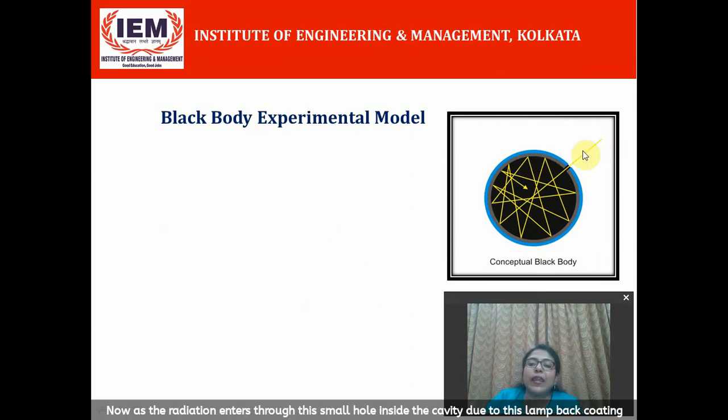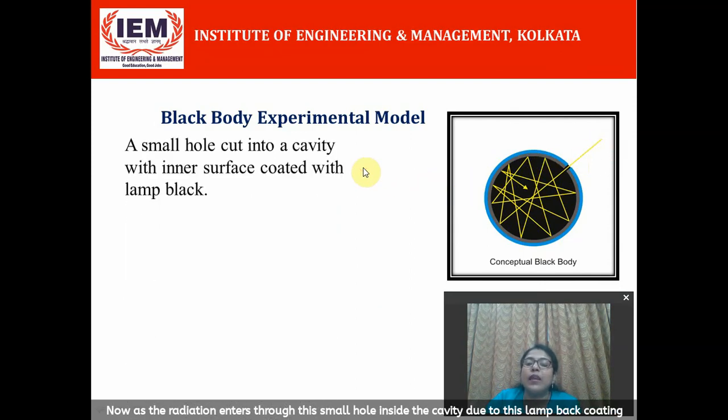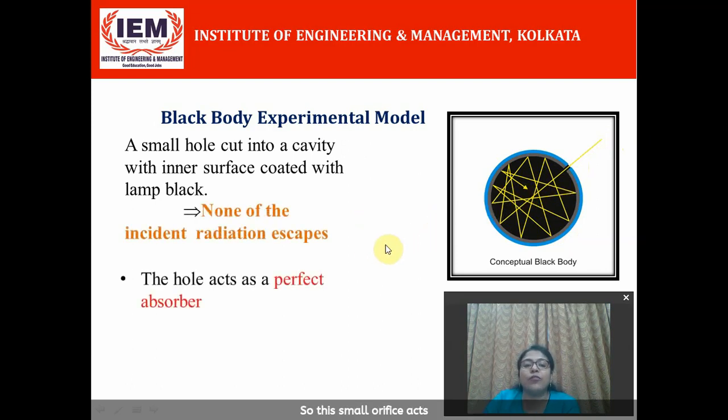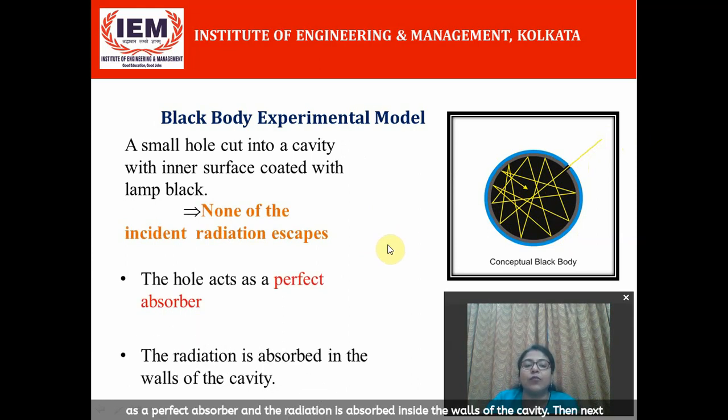As the radiation enters through this small hole inside the cavity, due to this lampblack coating, it undergoes multiple total internal reflections at different surfaces of the wall. And so the entire radiation gets captured inside the walls of the cavity. So this small orifice acts as a perfect absorber, and the radiation is absorbed inside the walls of the cavity.